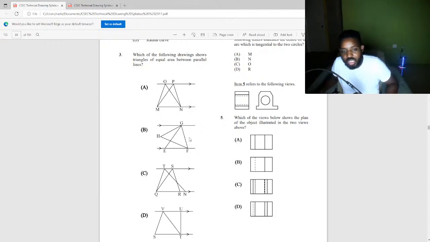So what would be the answer for number 3? We have A, B, and C. What you're looking for is triangles of equal area. The area has to be equal, not the shape, but the area between parallel lines. So two things: the lines have to be parallel, and the triangles have to be equal in area.